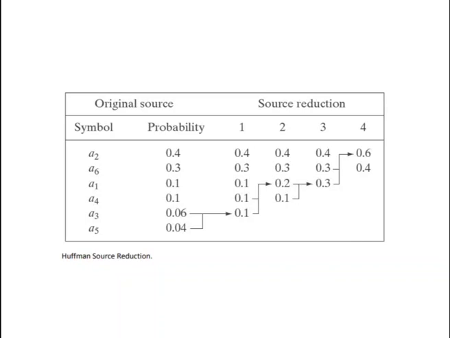This operation is then repeated for each reduced source until the original source is reached. The final code appears at the left in the figure. Then the average length of this code is given by L average equal to 2.2 bits per pixel, and the entropy of the source is 2.14 bits per symbol.